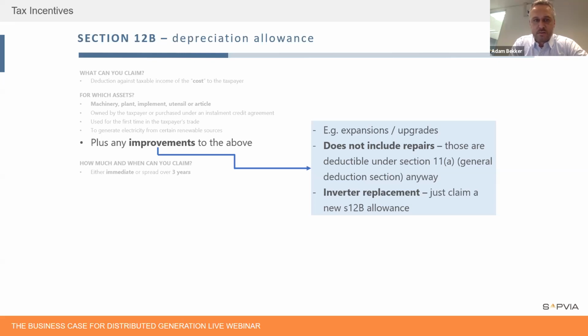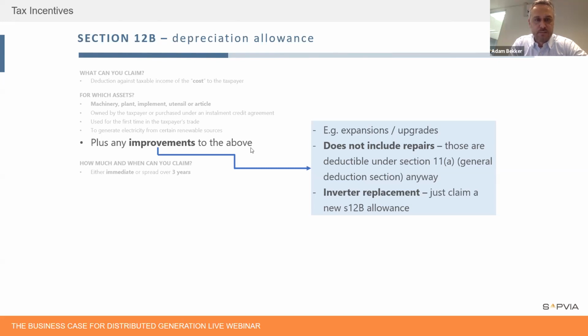Important point to note here is that this reference to improvements doesn't include repairs. So if you've got broken equipment or other repairs that need to be effected, then those are claimable under Section 11A as general OPEX expenditure in running your plant.